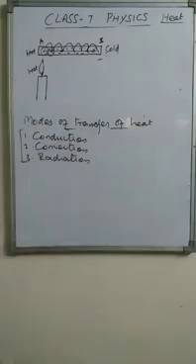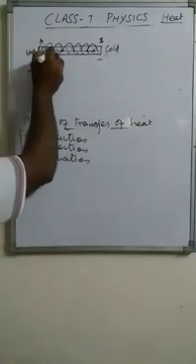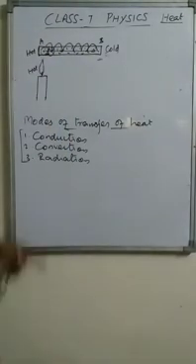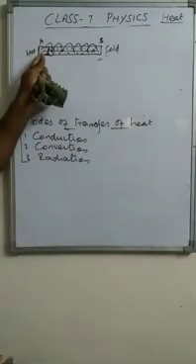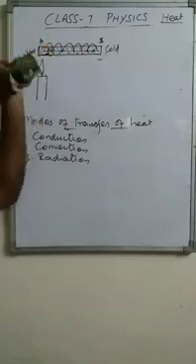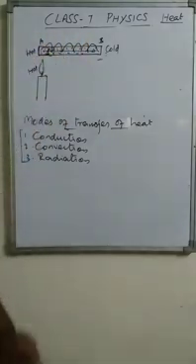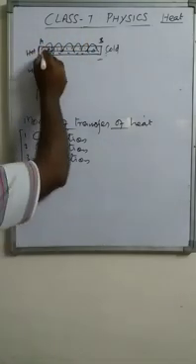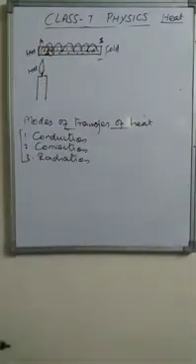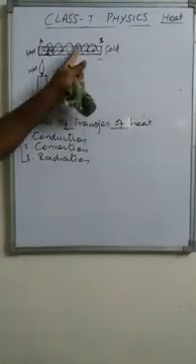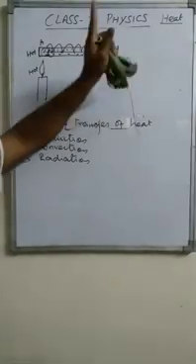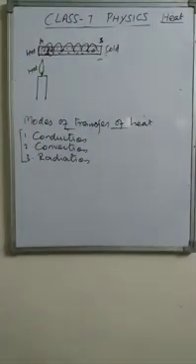During this process, the particles at some portion remain at the same place. For a moment, they move and come back to the same position. So during this process, the heat is transferred through the material without actual movement of particles.